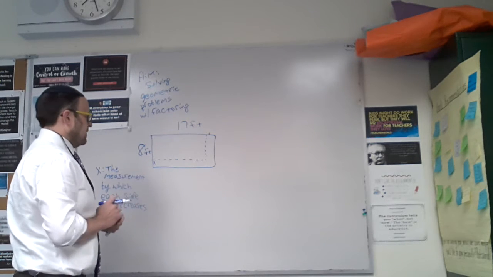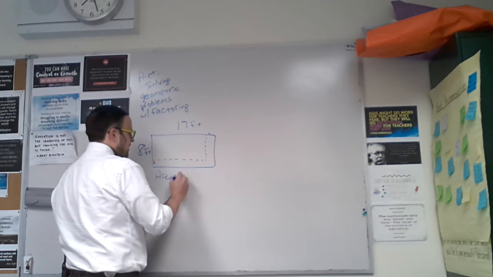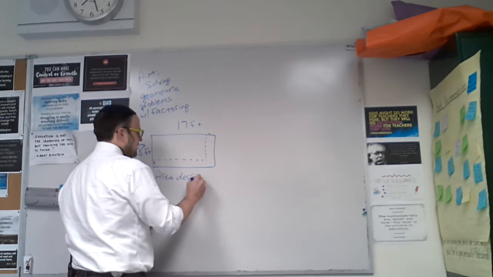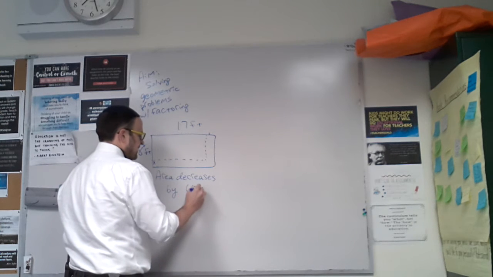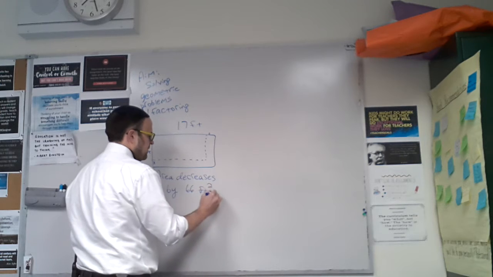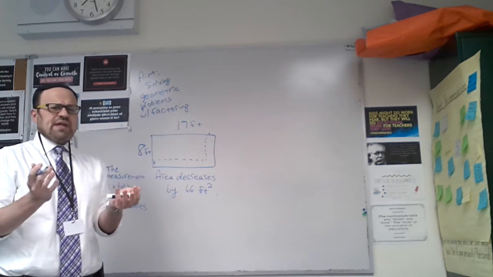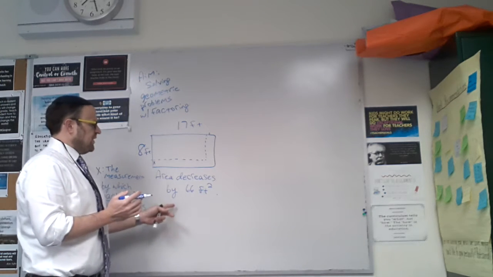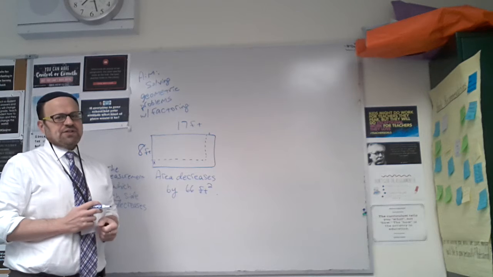It'll help you follow your own work. Okay, great. Now, let's say I also told you that the area decreases by 66 square feet. Okay, what do we do with that information? That's how we create our equation.